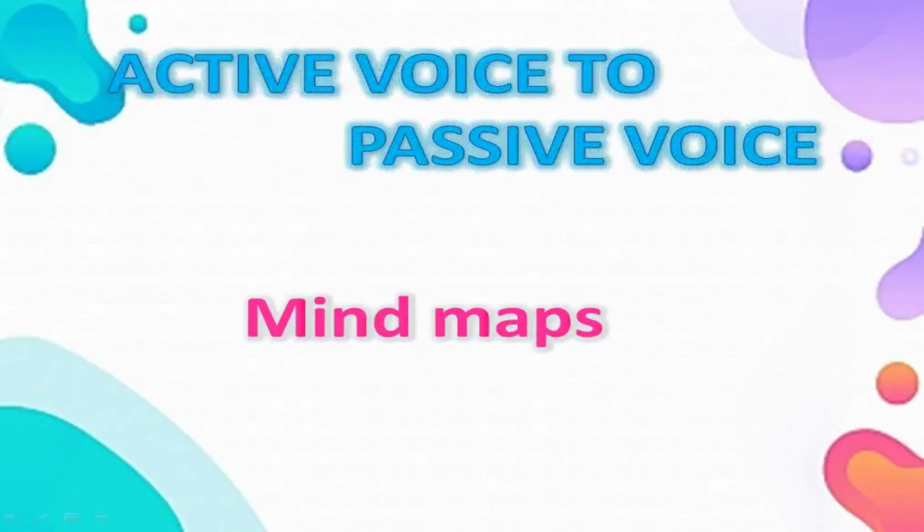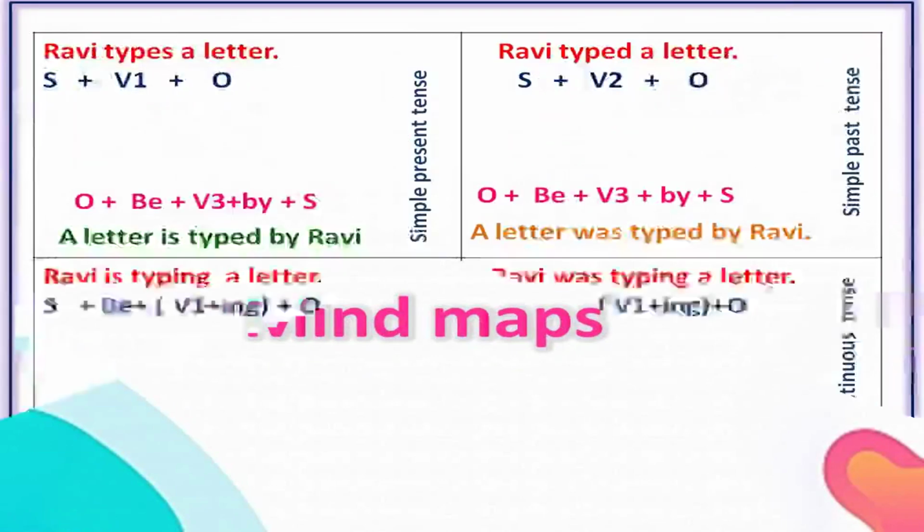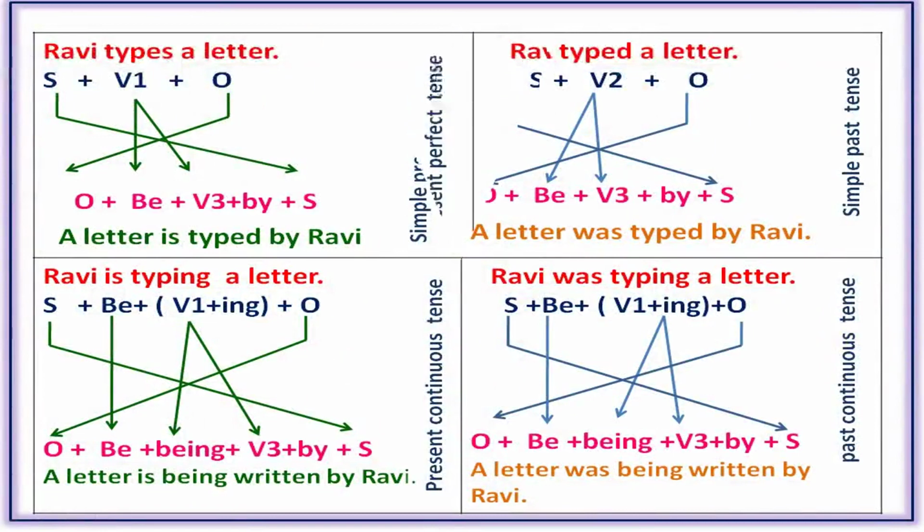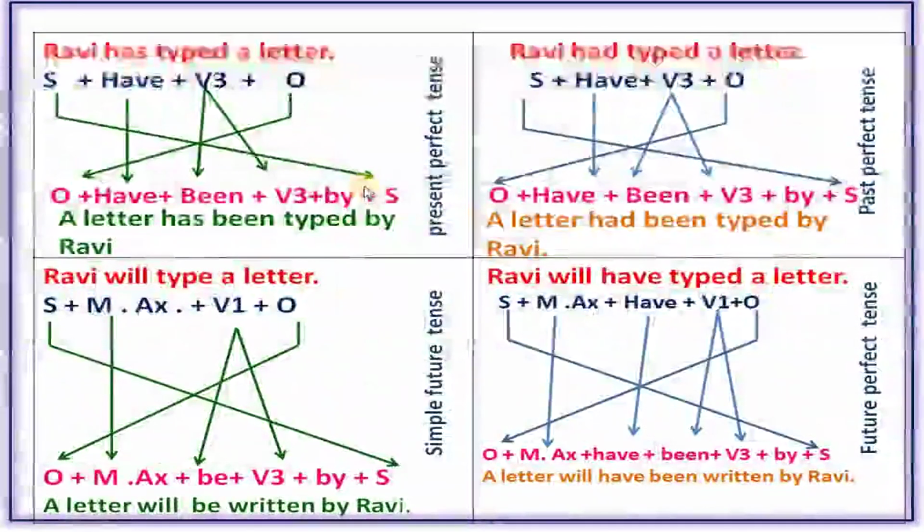Here I prepared some active to passive mind maps. I think it's easy to understand how to change active to passive. I will show you one by one. These are mind maps for changing active to passive: simple present tense, simple past tense, present continuous, past continuous, present perfect tense, past perfect tense, simple future tense and future perfect tense.